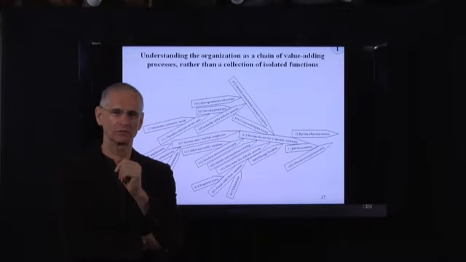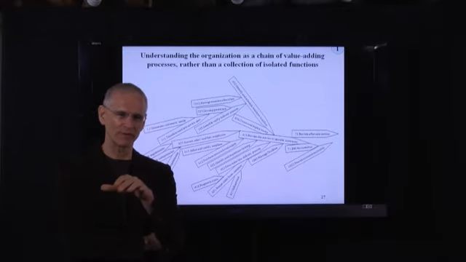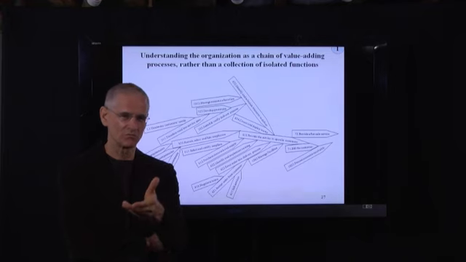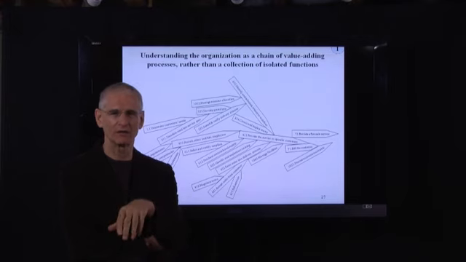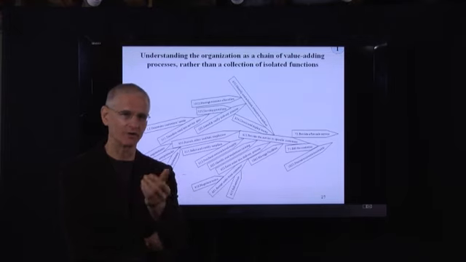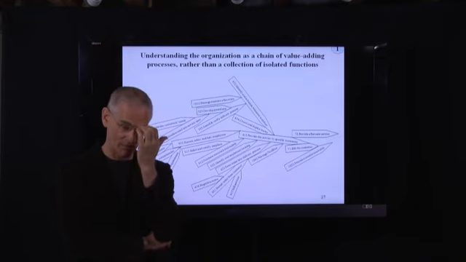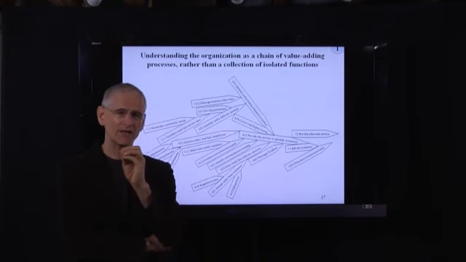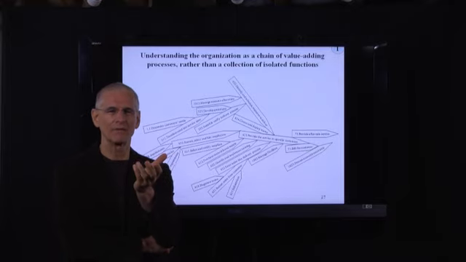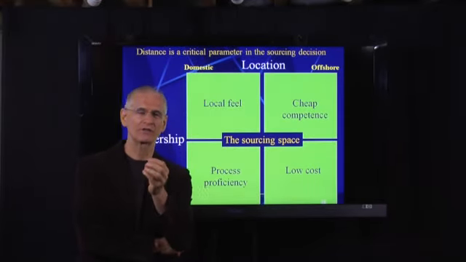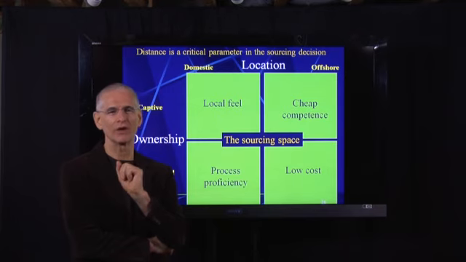And if so, should this someone else be domestic? Or could it be in India? Could it be in North Africa? In Vietnam, which is the current trend right now? These issues, of course, are complex. And I discuss them fully in a two-part video series on business process outsourcing.